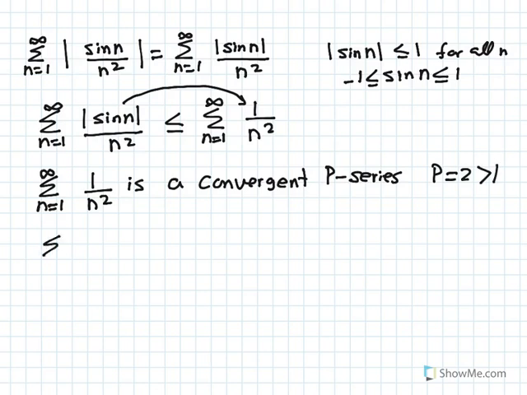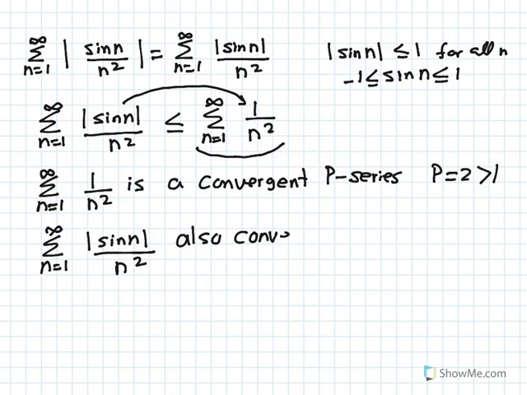Now, the summation of the absolute value of sine n divided by n squared also converges by the basic comparison test, because it's less than a converging p-series.